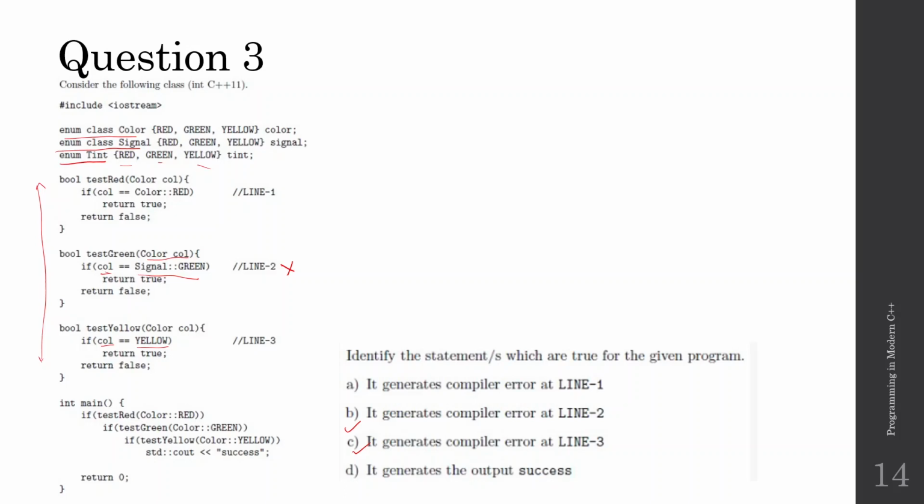So the main thing is that the enum class is not converted to an integer here. Hence this comparison will not take place, and it will give an error. Since it's not compiling, the success message will not be printed. So hence the answers are B and C.